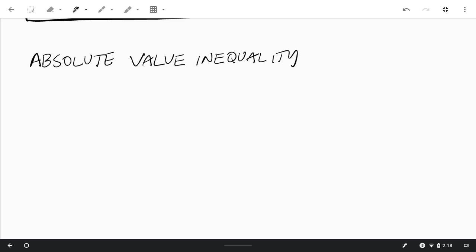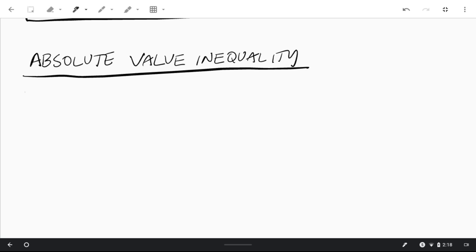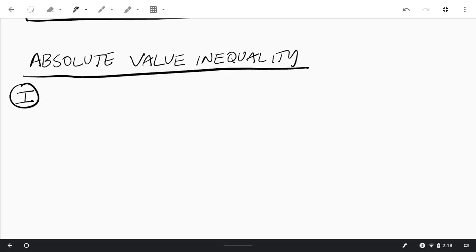Okay, so we have basically two types of inequalities. Okay, so number one, we have it where the absolute value, regardless of where the sign, the inequality is pointing at, we have the absolute value of some expression, and we have the inequality symbol pointing at it. So the absolute value of this expression is less than or equal.